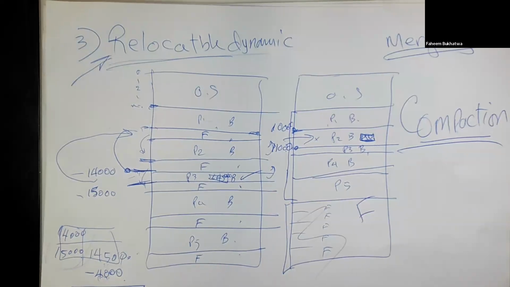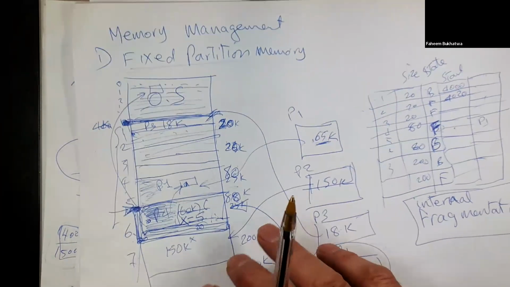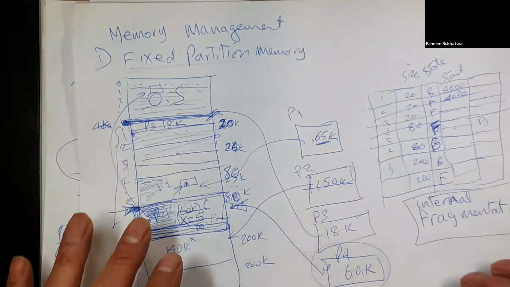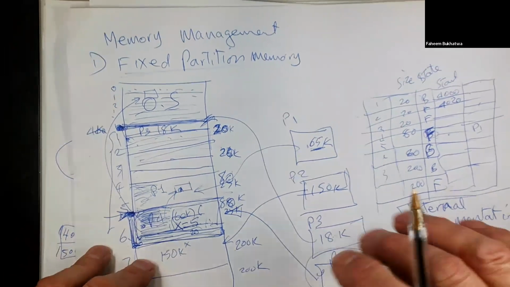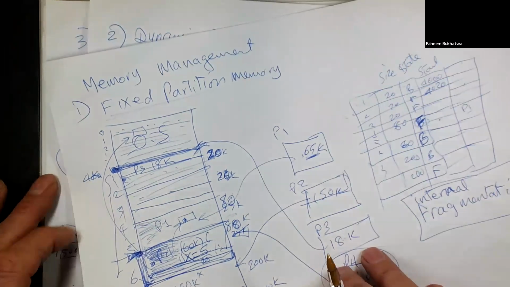The fixed partitioning system, that's the first system. It's the easiest to implement. So simple, but it suffers from internal fragmentation. It's not efficient at using memory.